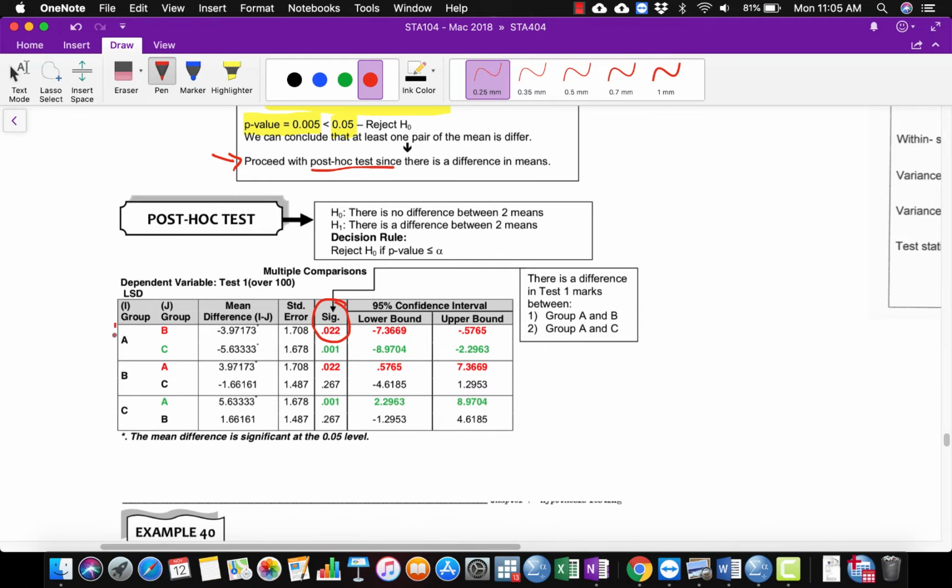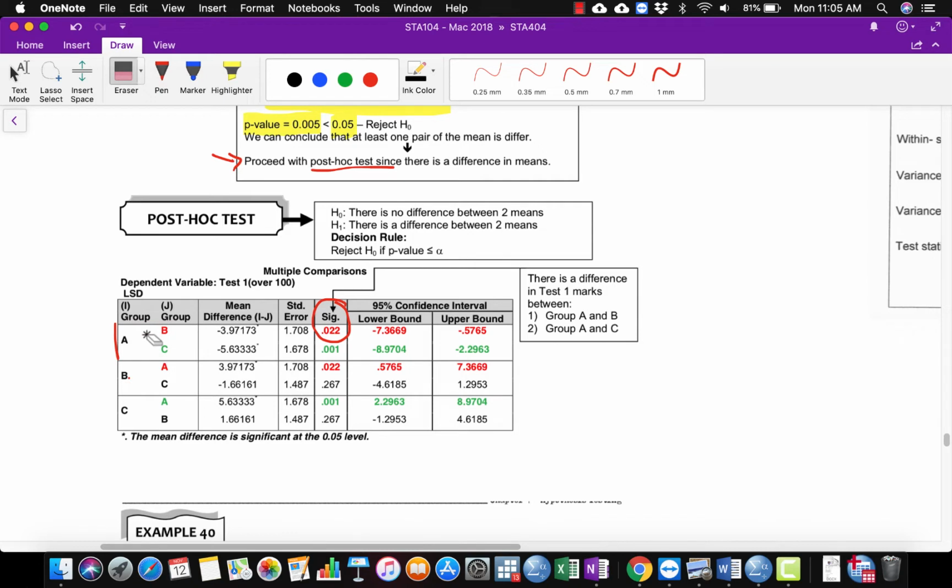The first box indicates the difference between A and B, and the difference between A and C. The second box is the difference between B and A, which is the same as A and B, and B and C, right? So the last box is repeated from the first and second ones, right?